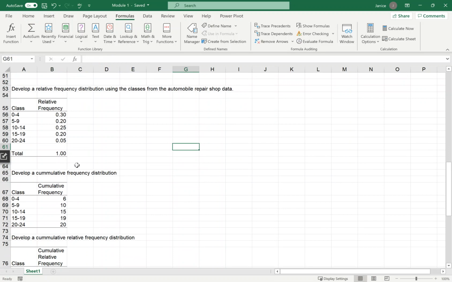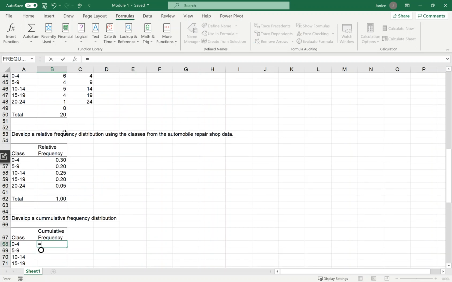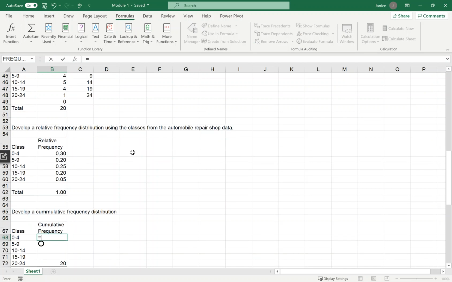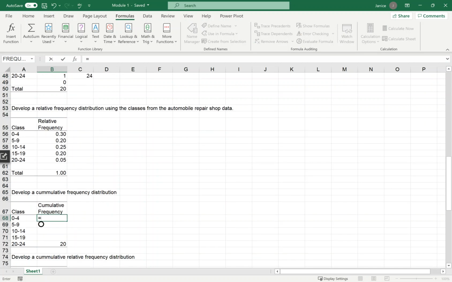Then we're asked to develop a cumulative frequency distribution. First we look at the 0 to 4. The frequency is up here, which we have, so we could say it's 60. I'm sorry, no, it's just 6, right?